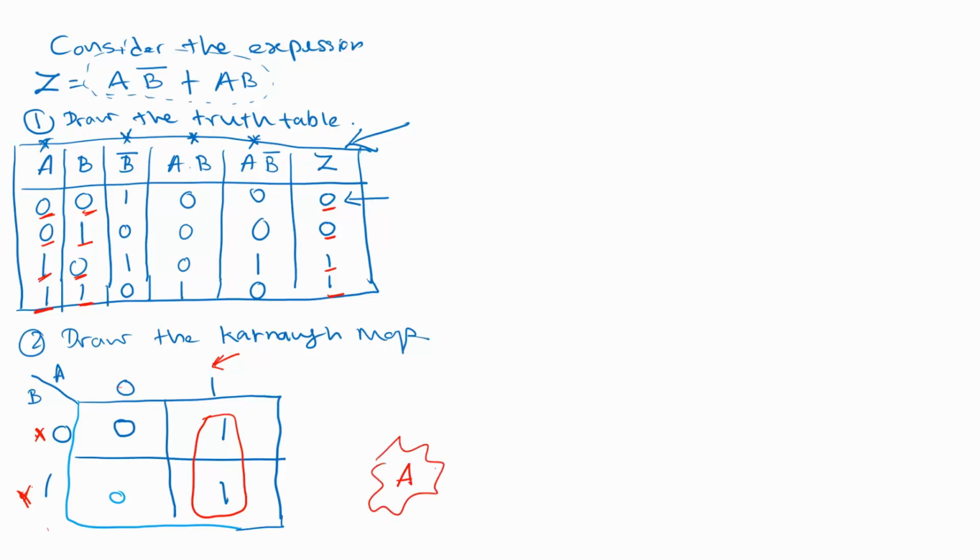That means instead of AB bar plus AB, we can write A. Right? ඉතින් කාණෝ එකේ මේ විදිහට ආවම අපිට derive කරලා ගන්න පුළුවන් expression එක තමයි AB bar plus AB සමානයි A කියලා. Right?